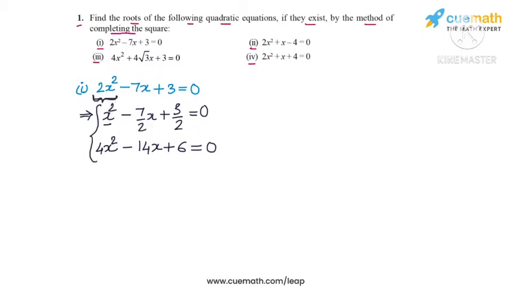I'm going to use the first form in this case and complete the square for it. So the equation now is x square minus 7 by 2x plus 3 by 2 equal to 0. We can write this as x square, so a square, minus 2ab. I will try to write minus 7 by 2x as minus 2ab.